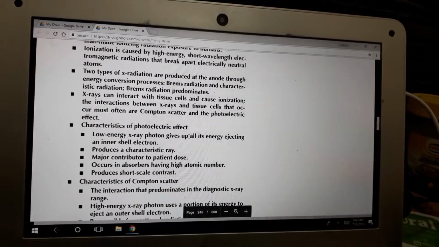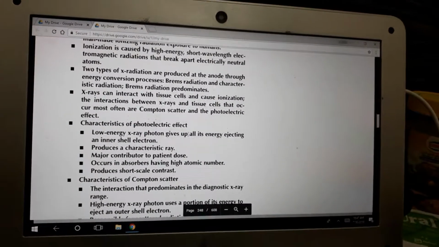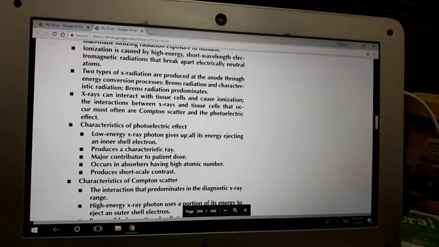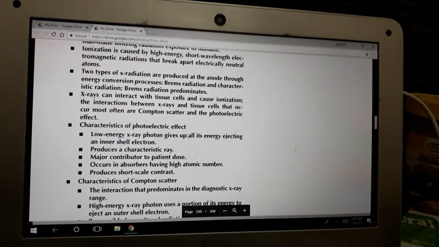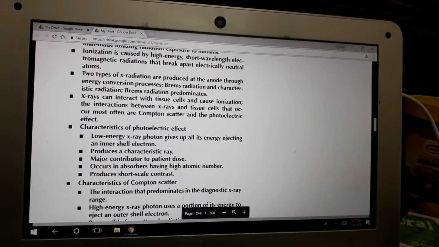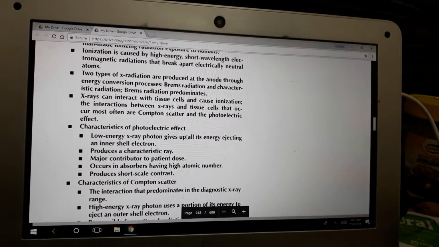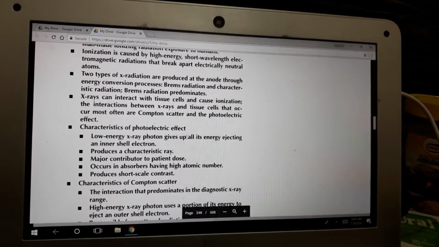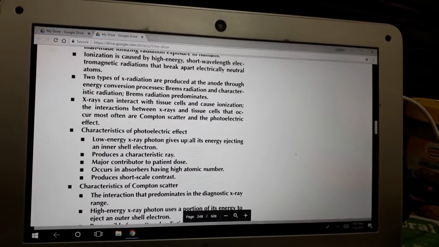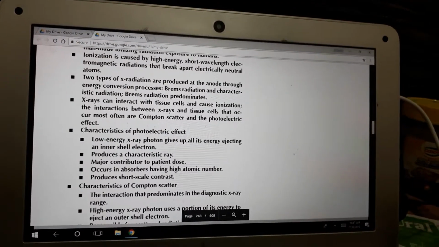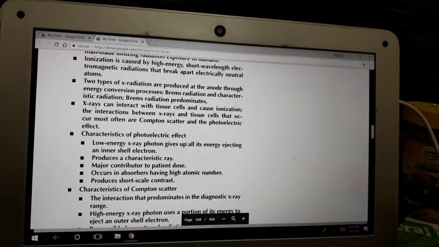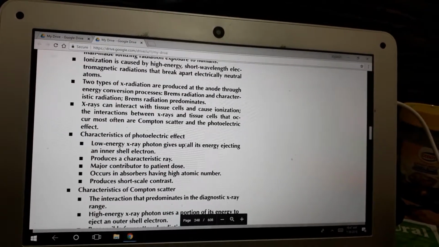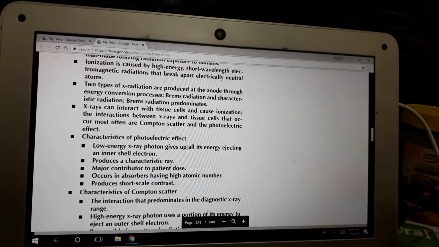The characteristic of the photoelectric effect: the low energy X-ray photon gives its energy to eject an inner shell electron. This produces characteristic radiation, a major contributor to patient dose. Absorbers having a high atomic number produce shorter scale contrast.